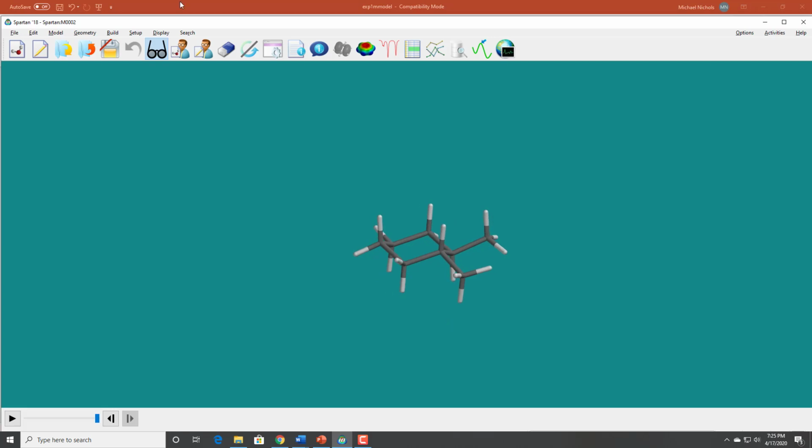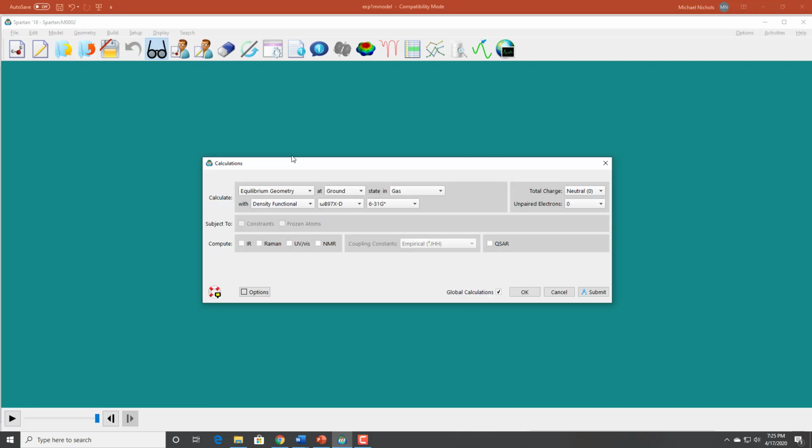All right, so now let's go to the setup. Let's set up the calculations. We're going to do equilibrium geometries for both, calculate what the most stable equilibrium geometry is, the minimum energy, and we're going to do that at semi-empirical levels.